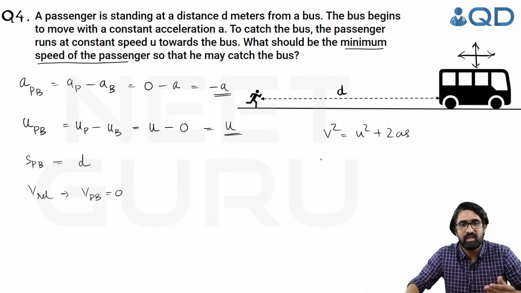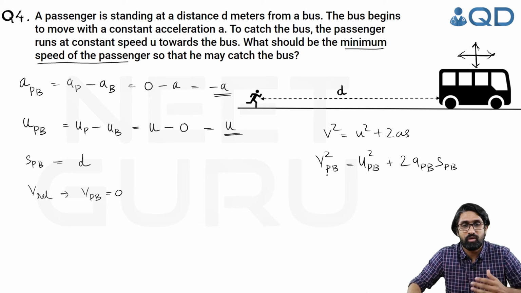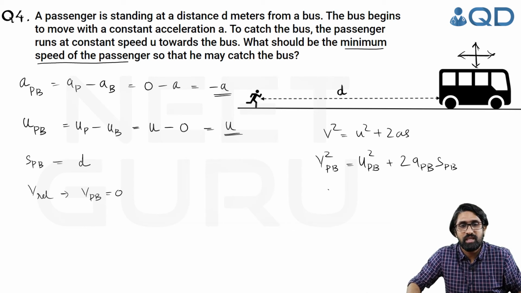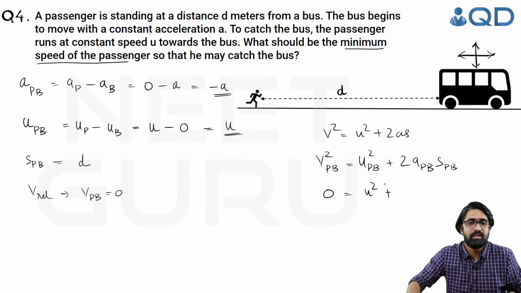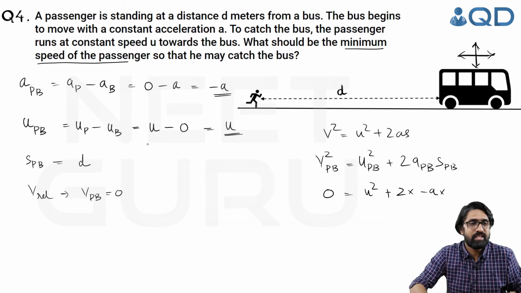In relative terms, it will be VPB square is equal to UPB square plus 2 APB SPB, and that can be replaced with the corresponding values as 0 is equal to u square plus 2 into APB is minus a into SPB is d.